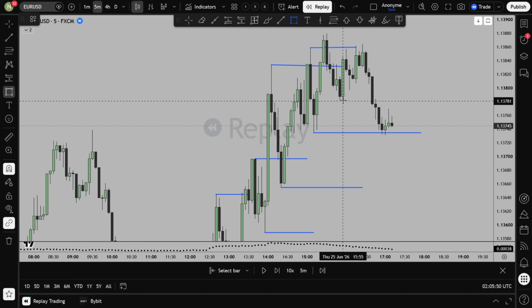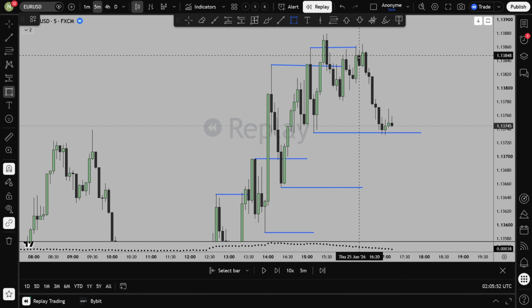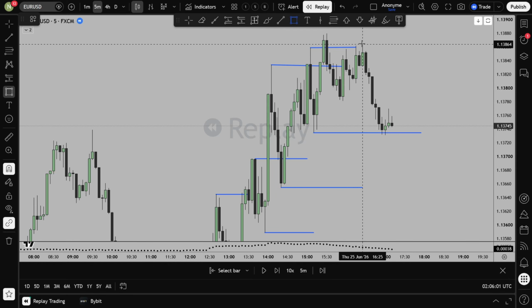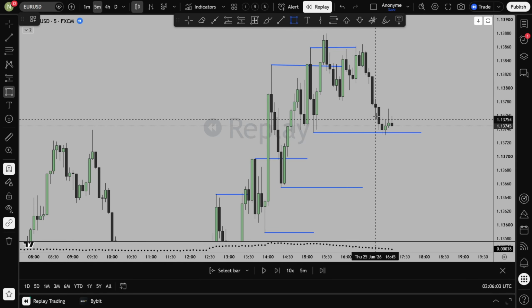So we have this, and then we have one impulse. I don't like when it's one impulse, we don't have enough market structure here internally, unless we go to another time frame.